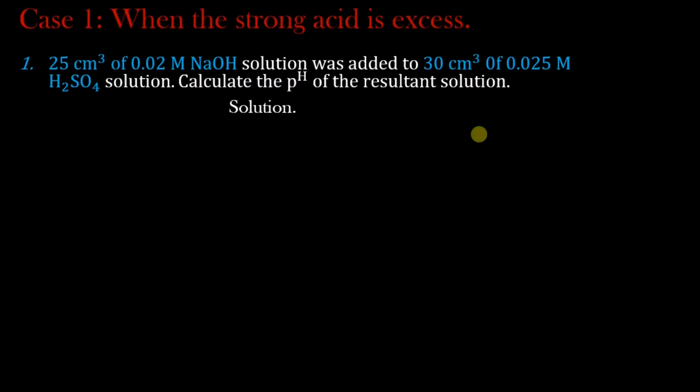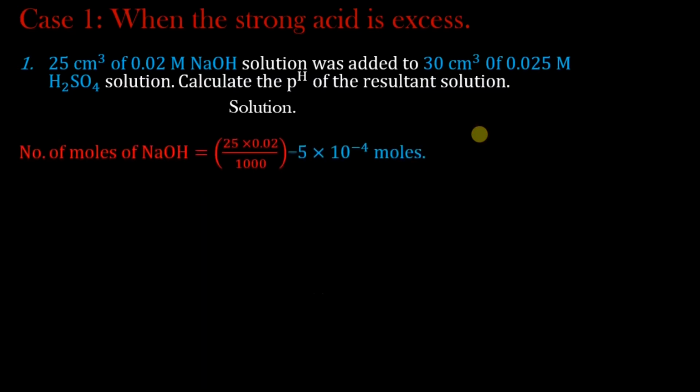Then 25 cubic centimeters of sodium hydroxide solution will contain 25 times 0.02 divided by 1000. This will give us a value of 5 exponent negative 4 moles.